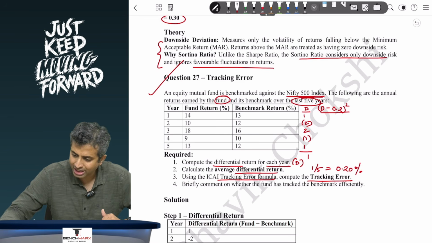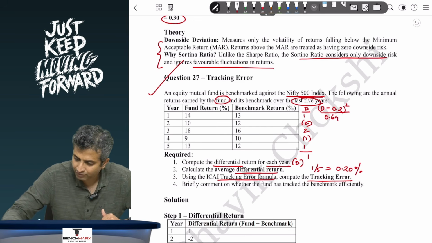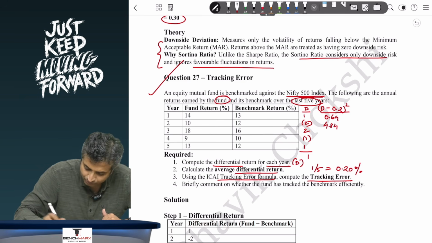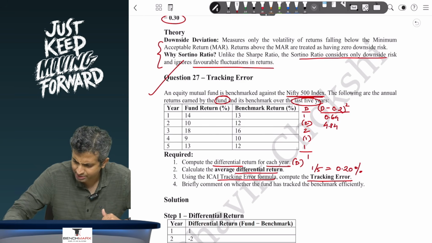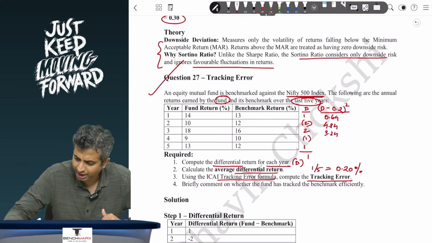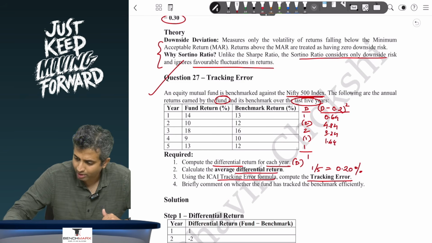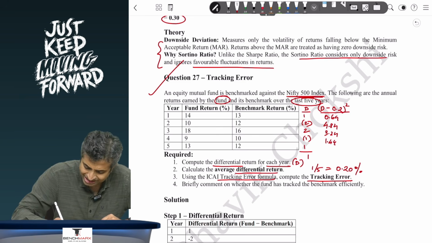So (1 minus 0.2) squared equals 0.64, (negative 2 minus 0.2) squared comes to 4.84, (positive 2 minus 0.2) squared is 3.24, (negative 1 minus 0.2) squared is maybe 1.44, and (1 minus 0.2) squared is 0.64.